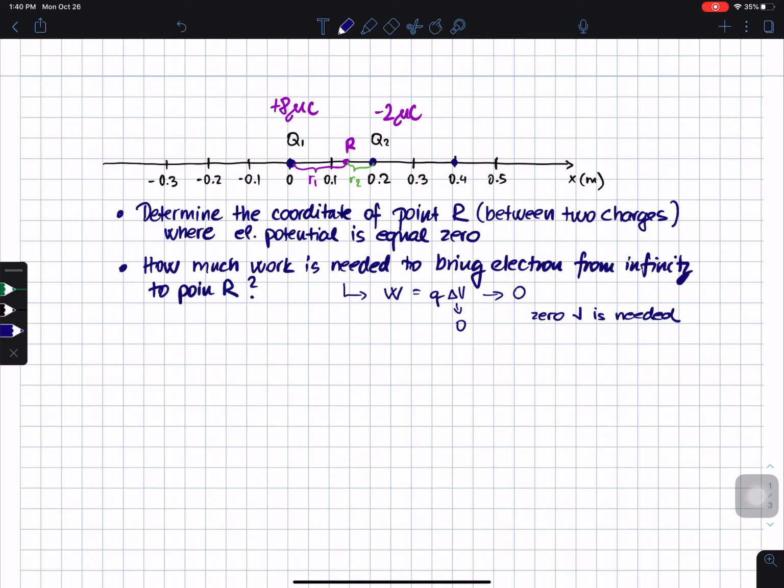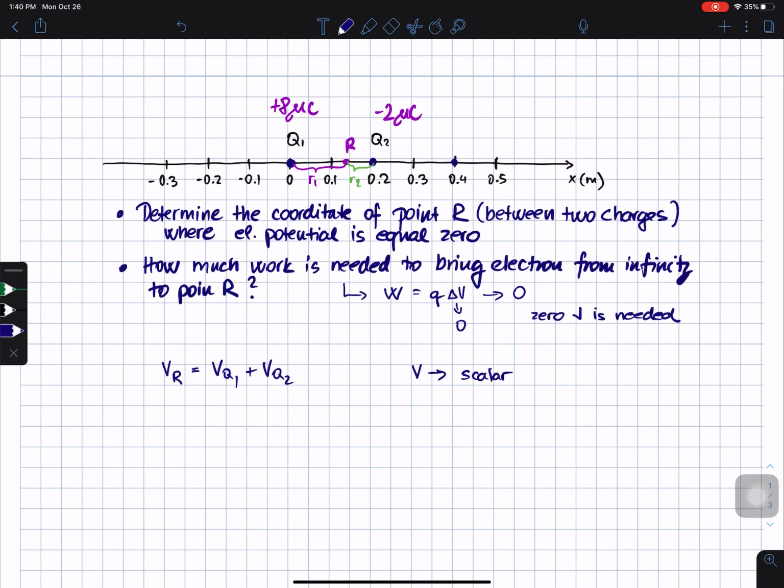So now I know that at that point, the potential at point R will equal the potential due to charge Q1 plus the potential due to charge Q2. Now what is very important is that this is a scalar quantity. So I have to account for the signs, right?